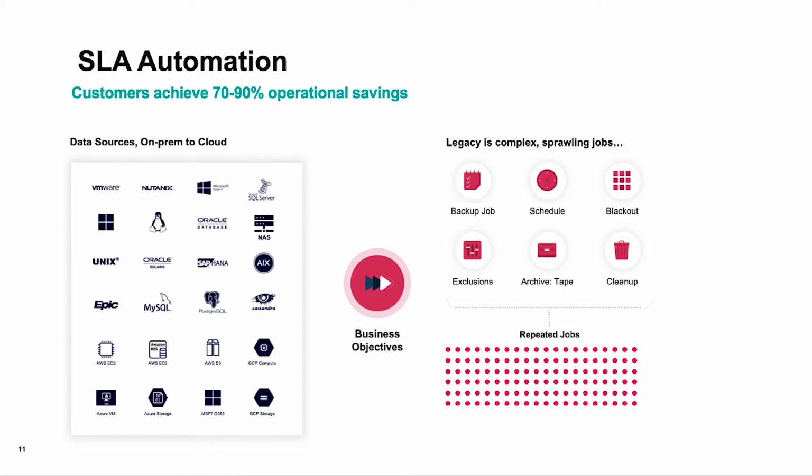So let's dive into now that SLA automation that I mentioned earlier and our policy-based protection. This is a huge driver really of those OpEx savings that we just talked about. Managing legacy often requires multiple jobs for multiple protected objects. So what I mean by this is, we go and negotiate with different app owners when we can schedule backups, and then we set up jobs to do the backups, jobs to do the cataloging, jobs to go and do the replication and do the archival.